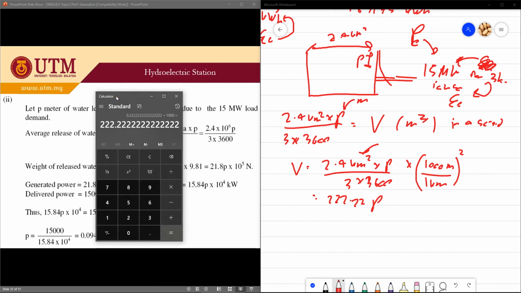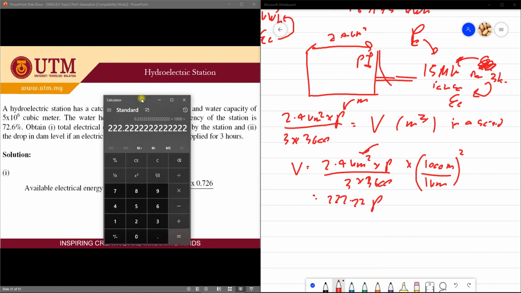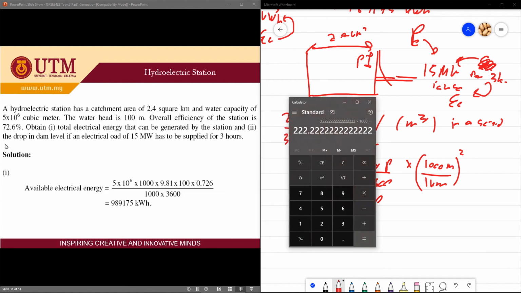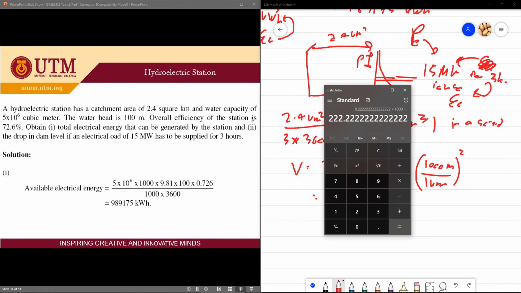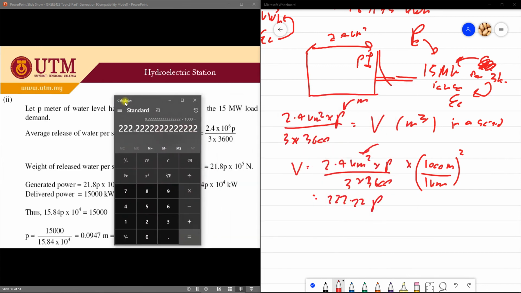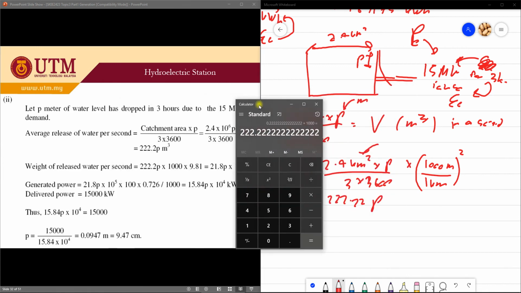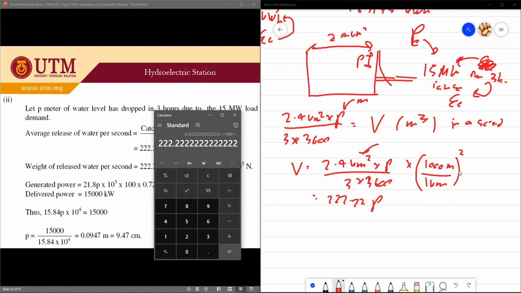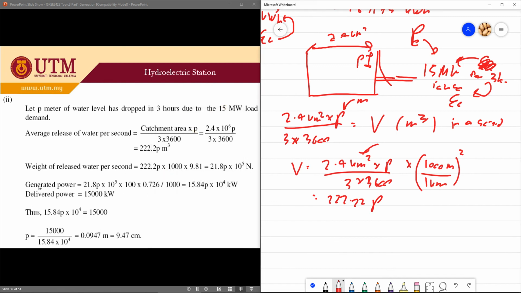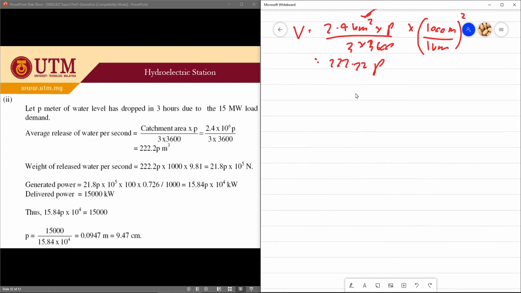Because the question asks how much the water drops, make sure you know how to do this. Next, the weight of water released per second. Of course, you just use the formula given.